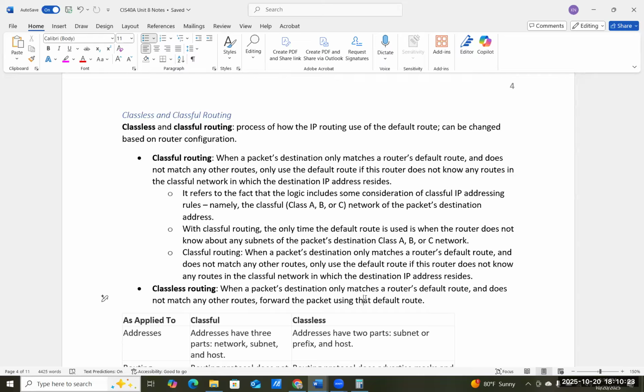In classless routing, if all else fails, it's going to default to the way that it routes in the classful. Okay, so basically it's going to forward that to the default route if there's no additional information that it uses to route. And so here there's some comparison, but as you can see, it matches based on the default route, but if it doesn't match any other routes, then it's going to use that.